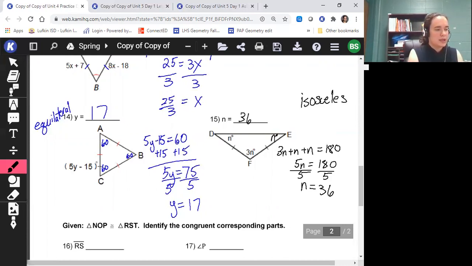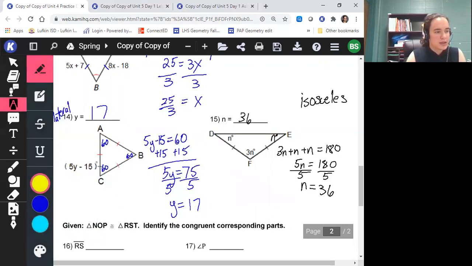Okay, and then next up, we're given that triangle NOP is congruent to triangle RST, and we want to identify the congruent corresponding parts. First off, we're looking at segment RS. Notice that RS were the first two letters in the second triangle. So we want the first two letters in the first triangle.